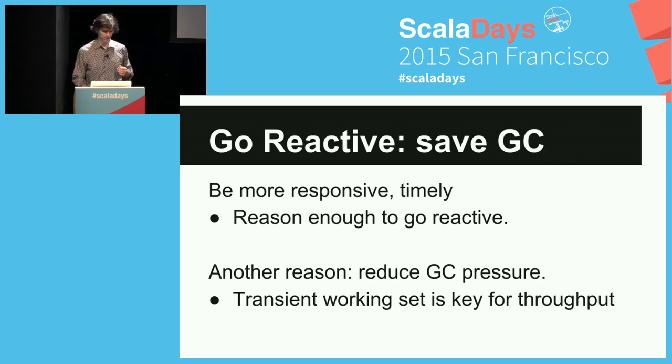So the lesson here: we were interested in going reactive both because it was trendy and because we wanted to save latency. And there's a surprising thing, that going to reactive streams actually reduces garbage collection pressure. The key to understanding that is that this transient working set is smaller because of the streaming technology.